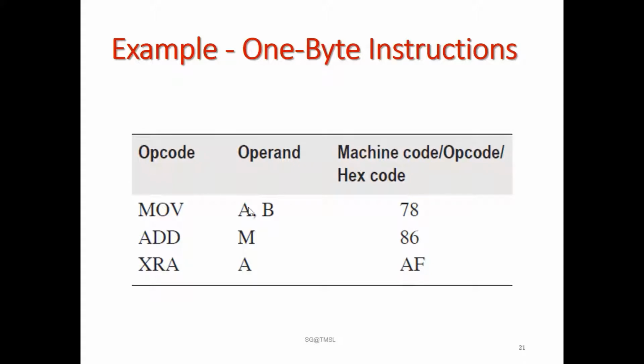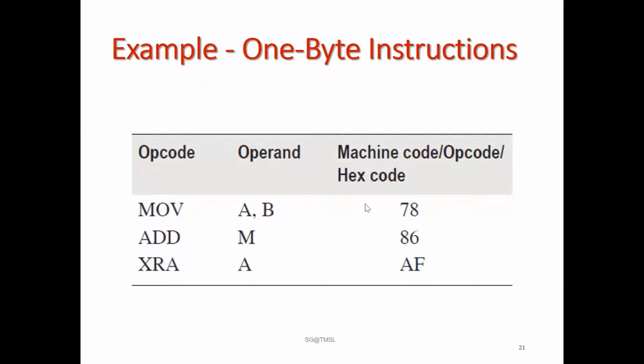So if you want to perform any data transfer or data copy operation using two registers, suppose the content in B register is 02, and you need to transfer that 02 from B register to A register, you need to execute this instruction, move A comma B. The meaning is the same with 78, but this is used by the programmer or user, and this is used by the processor or the machine.